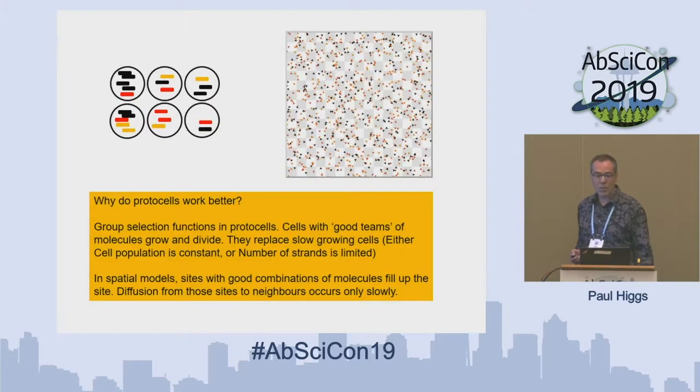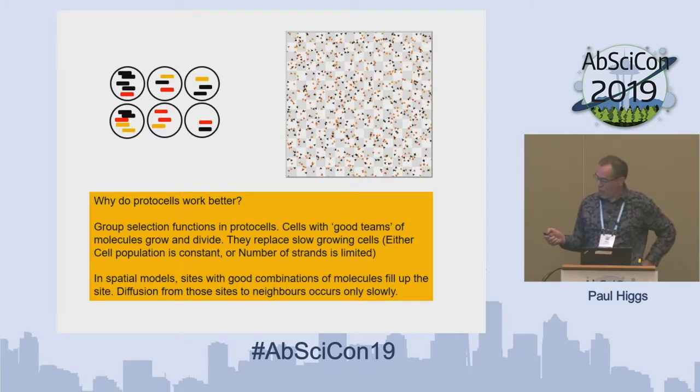So, why do protocells work better? Because group selection works in protocells. Cells with good teams of molecules grow and divide, and they replace the slow-growing cells. And either we keep the cell number constant, and when one cell multiplies, another one is removed, or we keep the number of strands limited, which then leads to an effective removal of the cells with no strands.